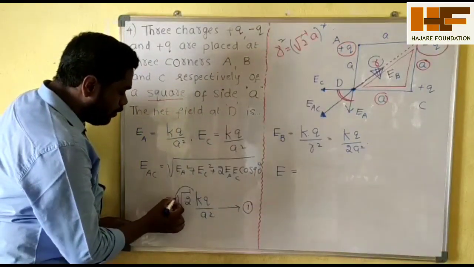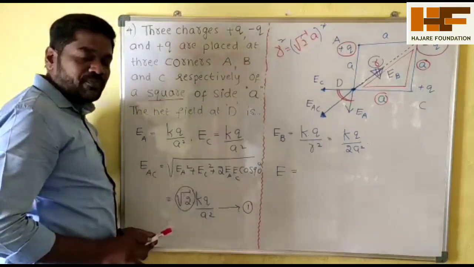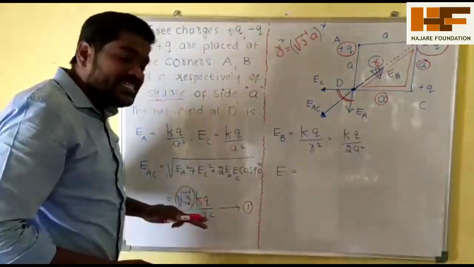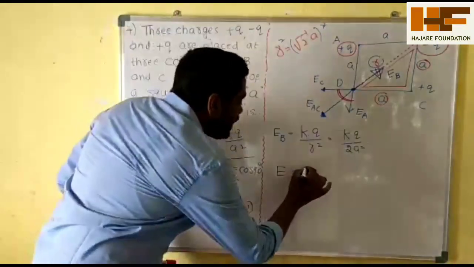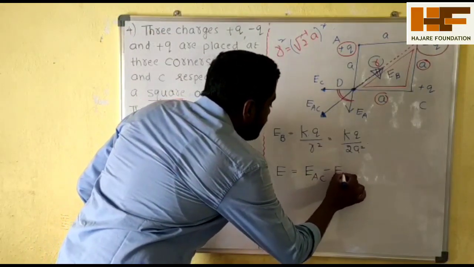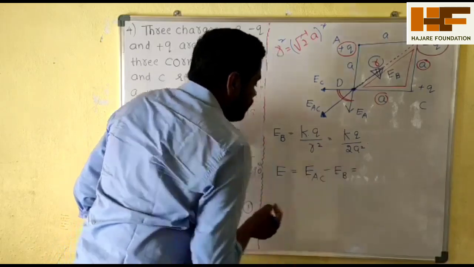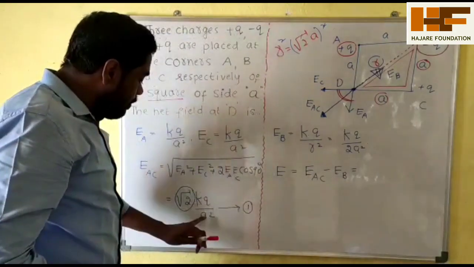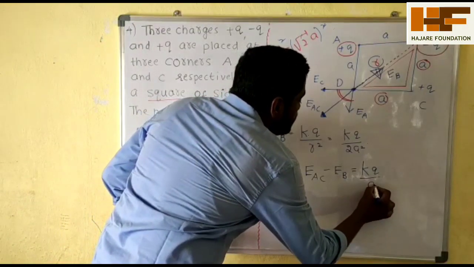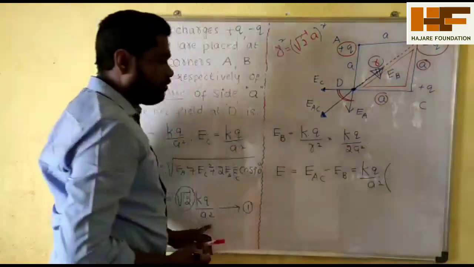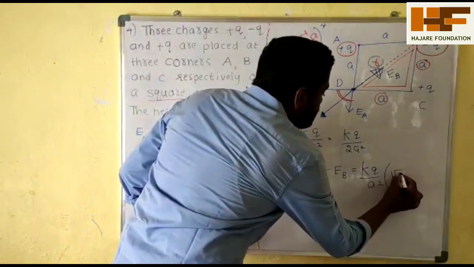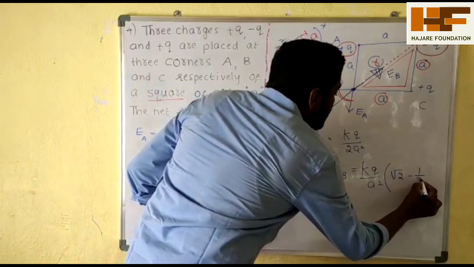EAC is root 2 into KQ by A square, and EB is 1 by 2 into KQ by A square. Root 2 is greater. That's why I am taking EAC minus EB. KQ by A square is common for both the terms. Therefore, here the remaining is root 2, and here you will get minus 1 by 2.